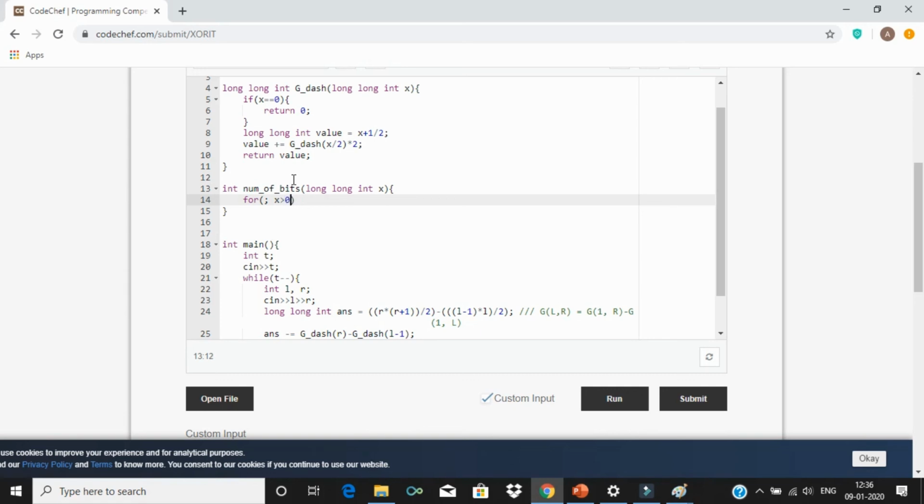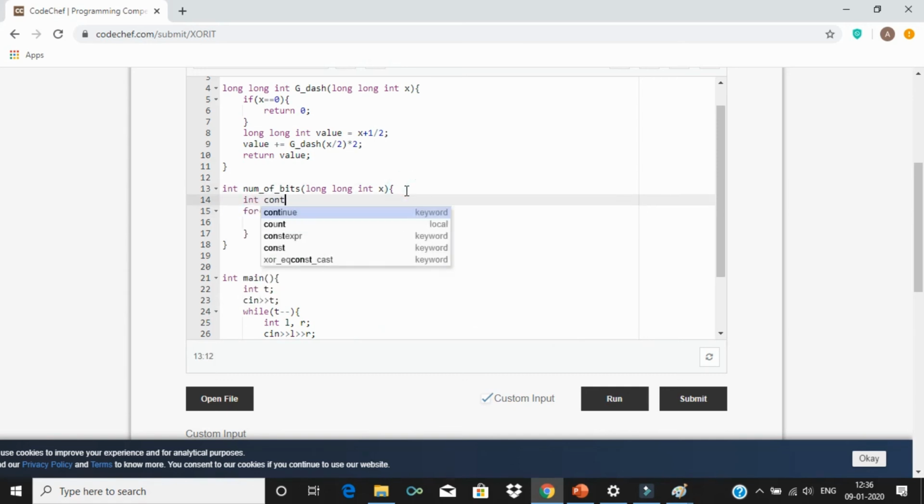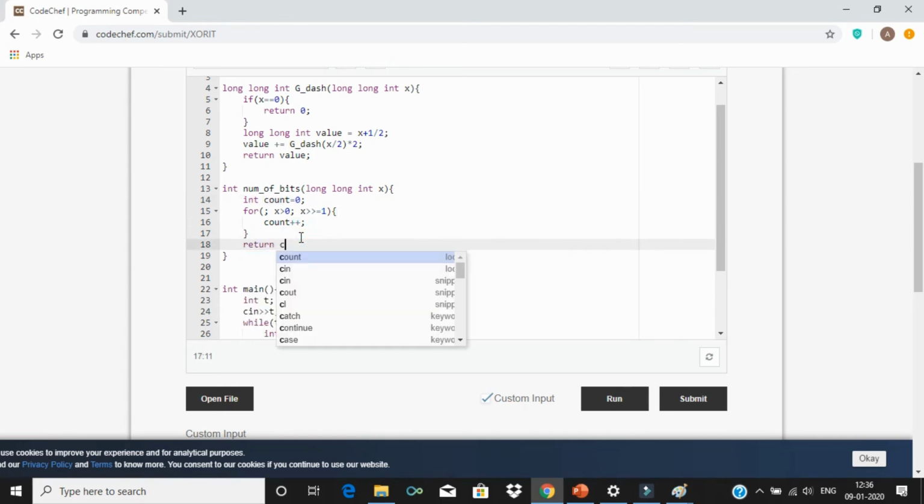Whenever x is greater than 0, we will keep on looping in this for loop, and we will do a right shift of x by 1 every time, because right shift drops a bit from the right hand side. And we will increment the count. We will take a variable, int count equals 0, count plus plus, and we will return the count.